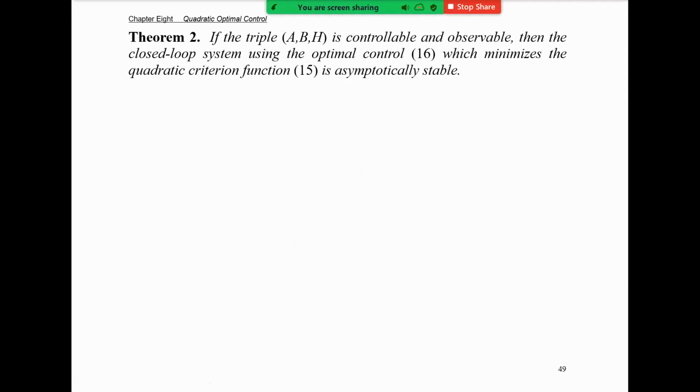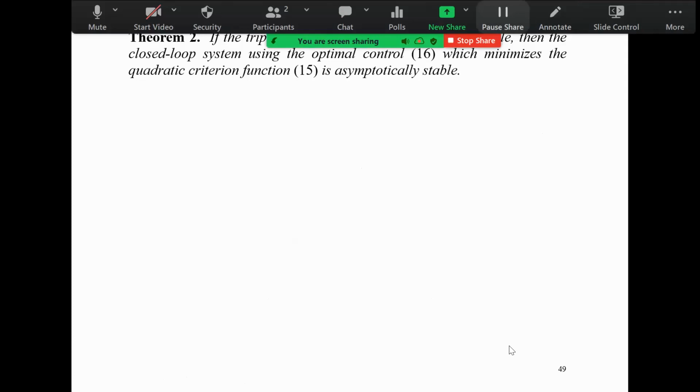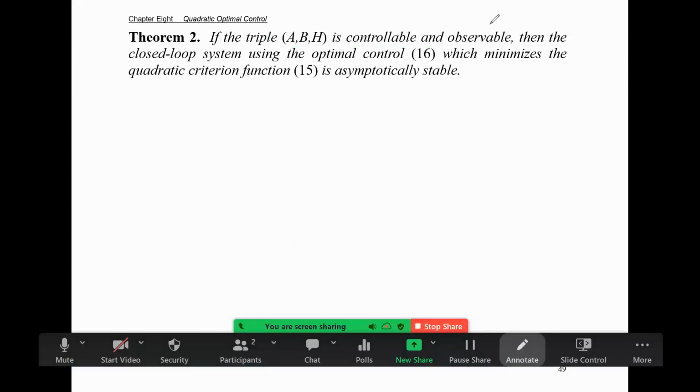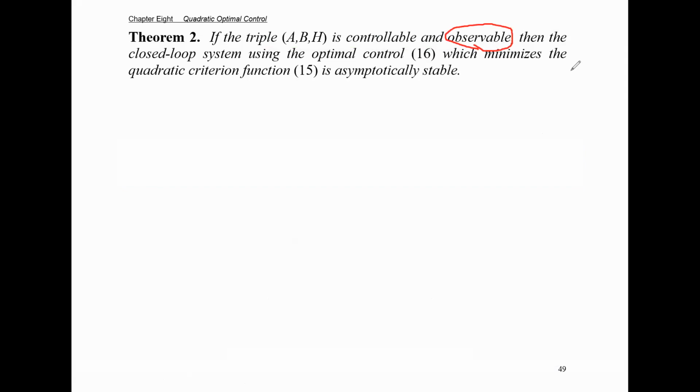So here we take theorem 2. We say if the triple A, B, H is controllable and observable, then the closed loop system using the optimal control, which minimizes the quadratic cost function, is asymptotically stable. But here, I want to point out that when we say observable, this observable means our pair A, H is observable.